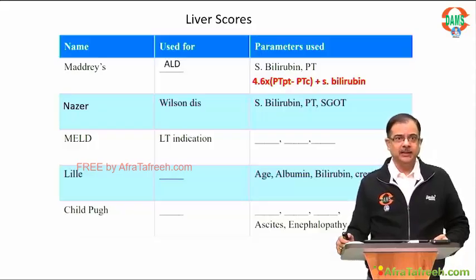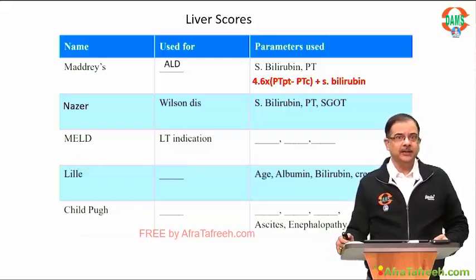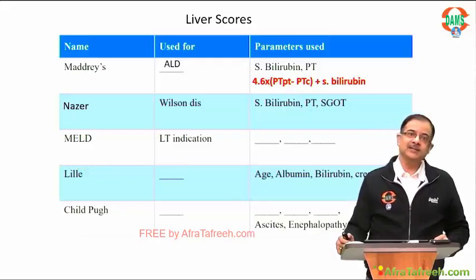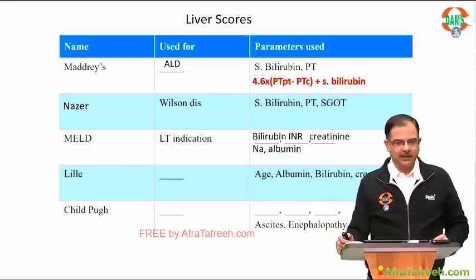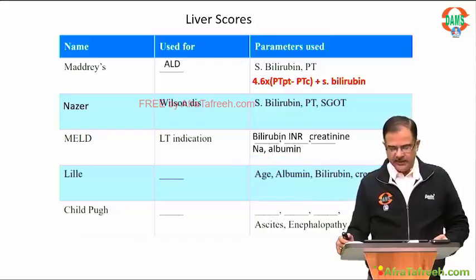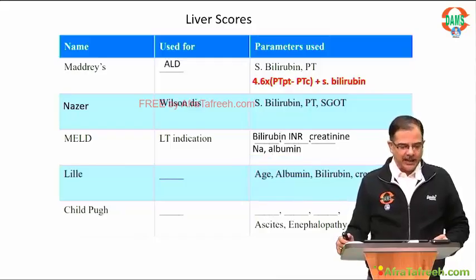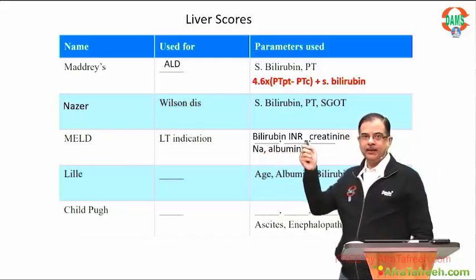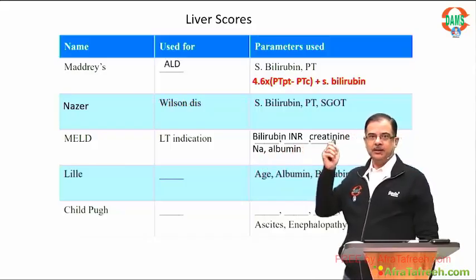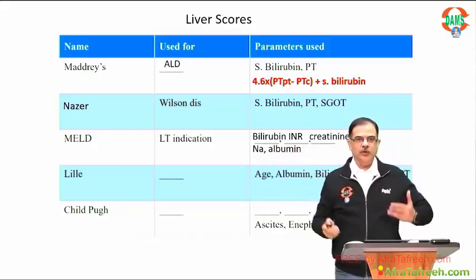Classically, the MELD score consists of three parameters, so look at what the question is. These classical parameters are bilirubin, INR, and creatinine.